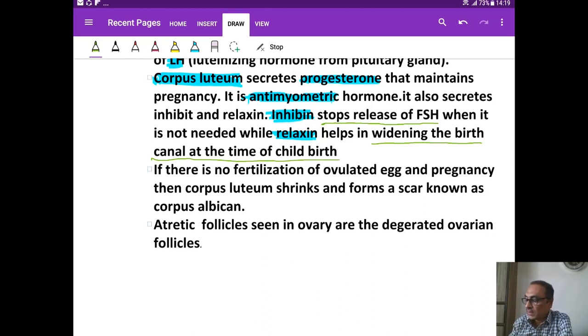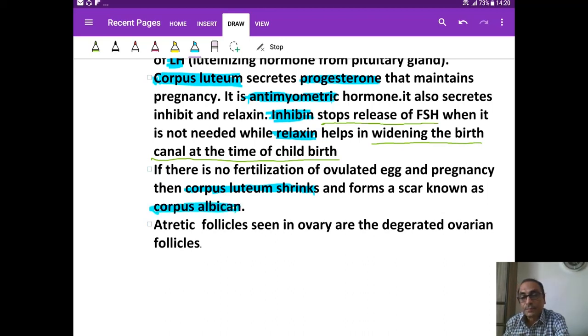Remember these points. And then going to the next point, if there is no fertilization of ovulated egg and pregnancy, there is no pregnancy and no fertilization, then what happens? The corpus luteum shrinks, and due to shrinkage of the corpus luteum, progesterone is withdrawn, that is, progesterone secretion stops, and the corpus luteum changes into corpus albicans.